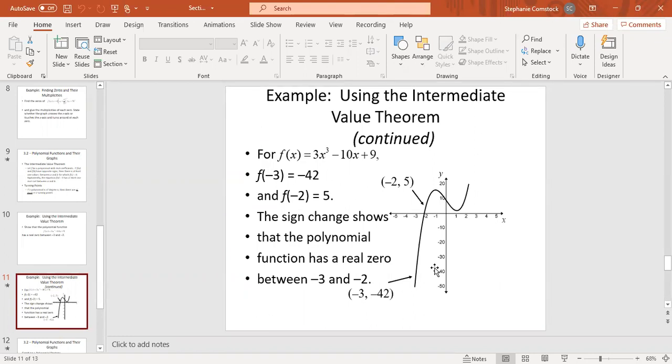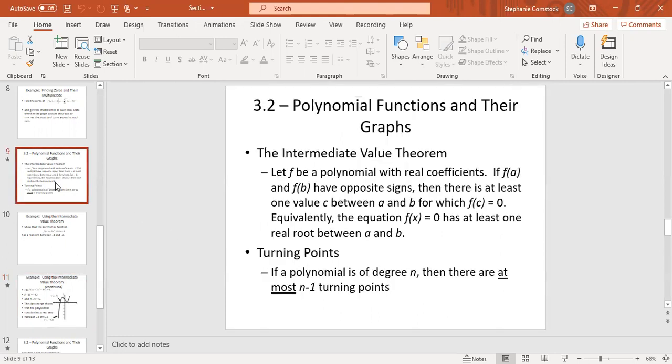Now, the other thing that we need to discuss is what's called turning points. Turning points are hilltops or valley bottoms. There's a rule that states if your highest power is n, then you can have at most n minus 1.